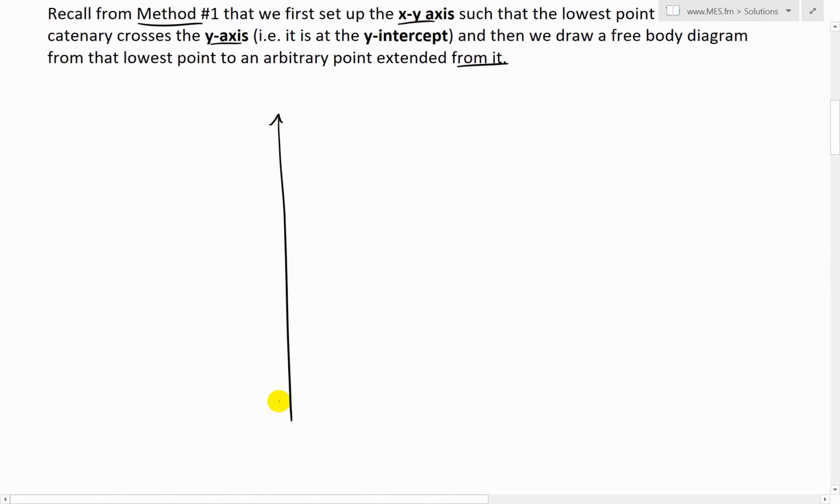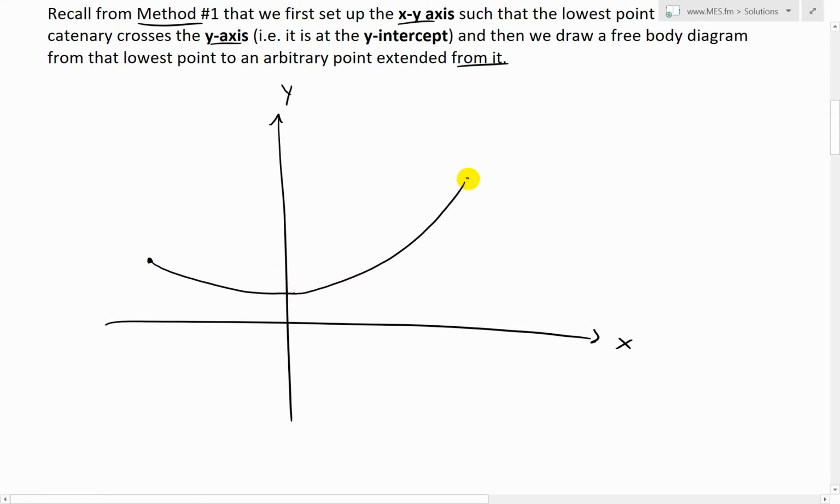So let's say we have an x, y axis like this, y, x, but in this case I'll just draw an arbitrary curve that is in fact an asymmetric catenary. Doesn't matter where it is. Let's just draw something like this, and now the lowest point is here and it crosses the y axis.